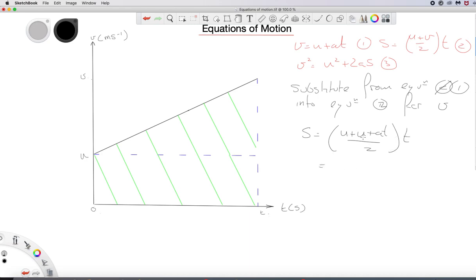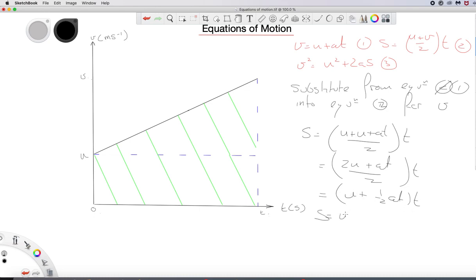We've got 2u divided by 2 plus at. So we've got 2u over 2, which is u, plus a half at times t. So we have s equals ut.